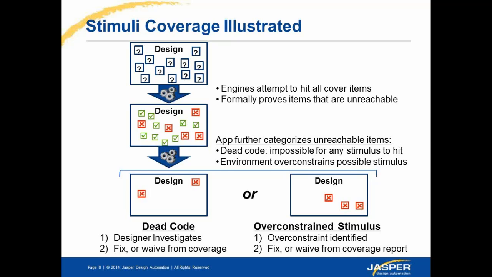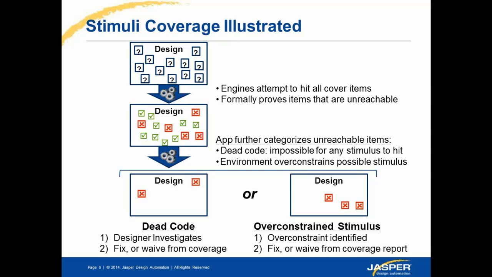Once you get the baseline, you can add in all your constraints and verify your RTL. Now your constraints are typically used to either prevent illegal scenarios or direct your formal verification in a certain way. So once you add your constraints, a certain portion of your RTL will be hit or will not be hit as a result. Now you have a baseline to compare this result with once you add your constraints.